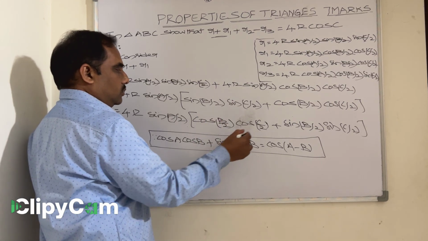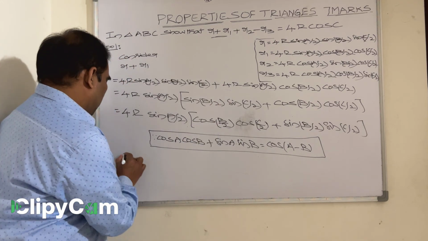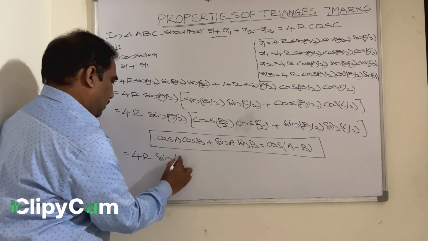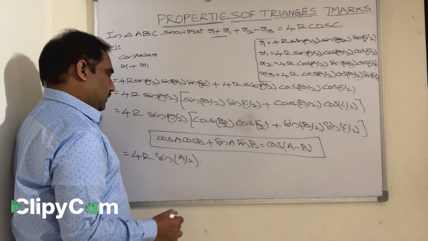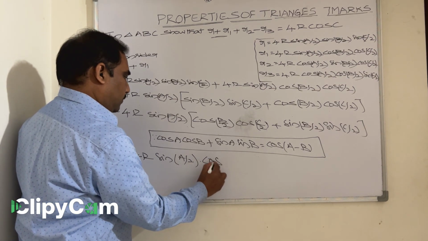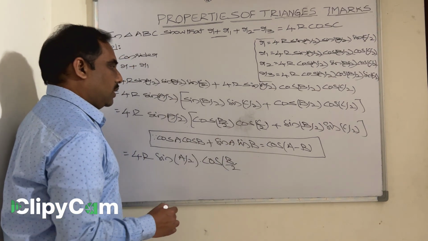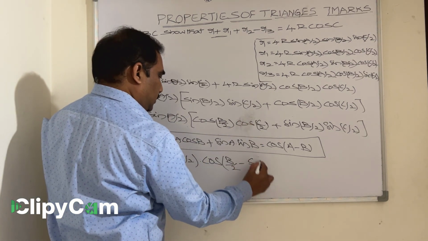A is B by 2. What is B here? C by 2. So it becomes 4R sin A by 2 into cos of B by 2 minus C by 2.